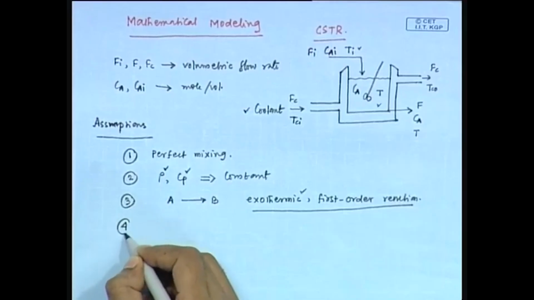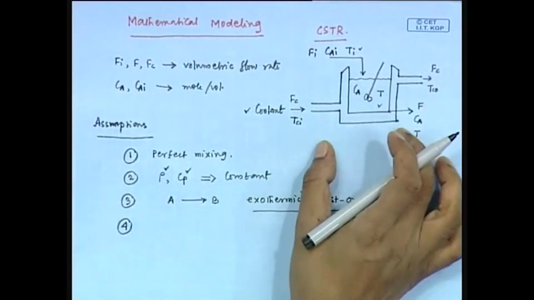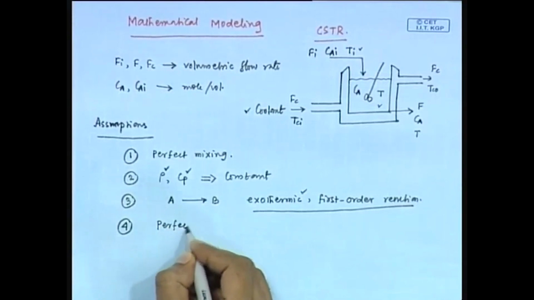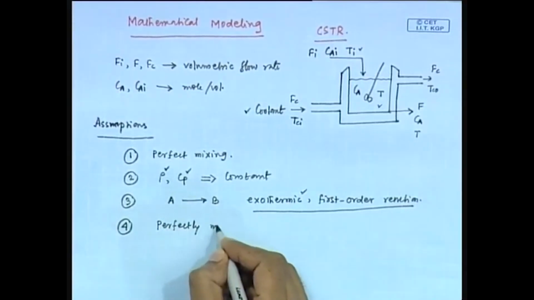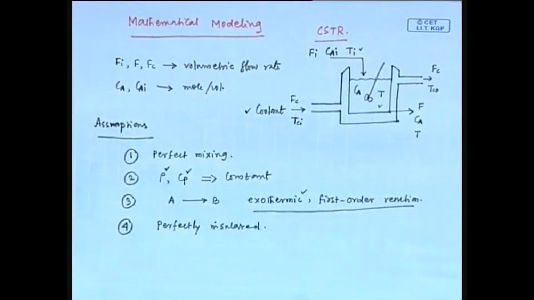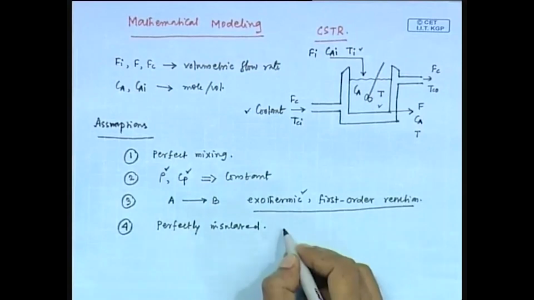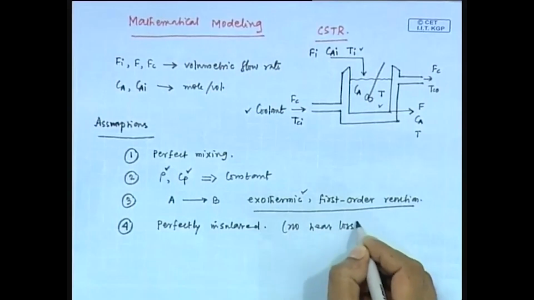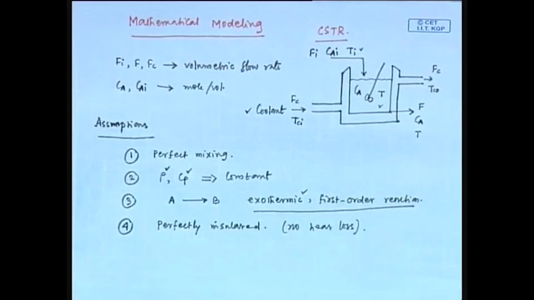Fourth assumption is the reactor is perfectly insulated. That means there is no heat loss from the reactor to the surroundings. It means no heat loss from the system to the surroundings.